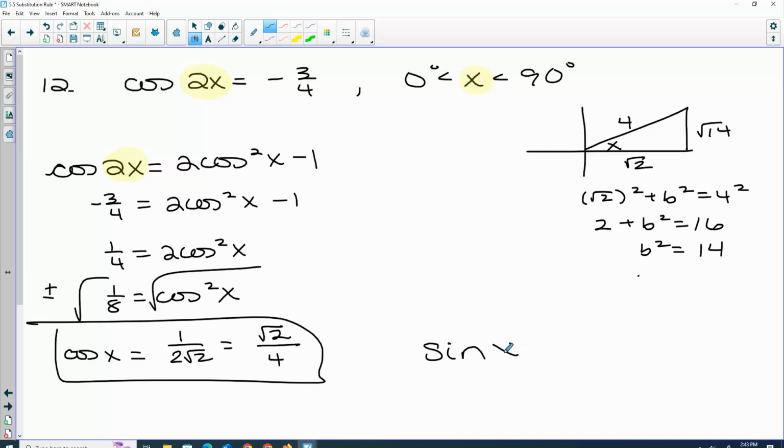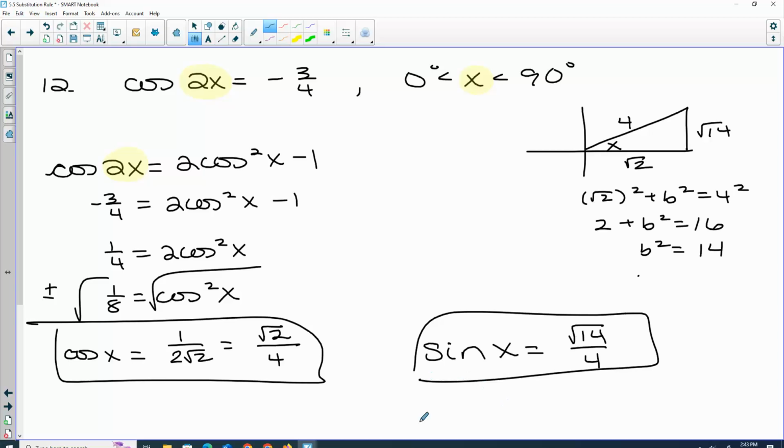So sine, opposite over hypotenuse, radical 14 over 4. Absolutely. That's perfect. Other questions?